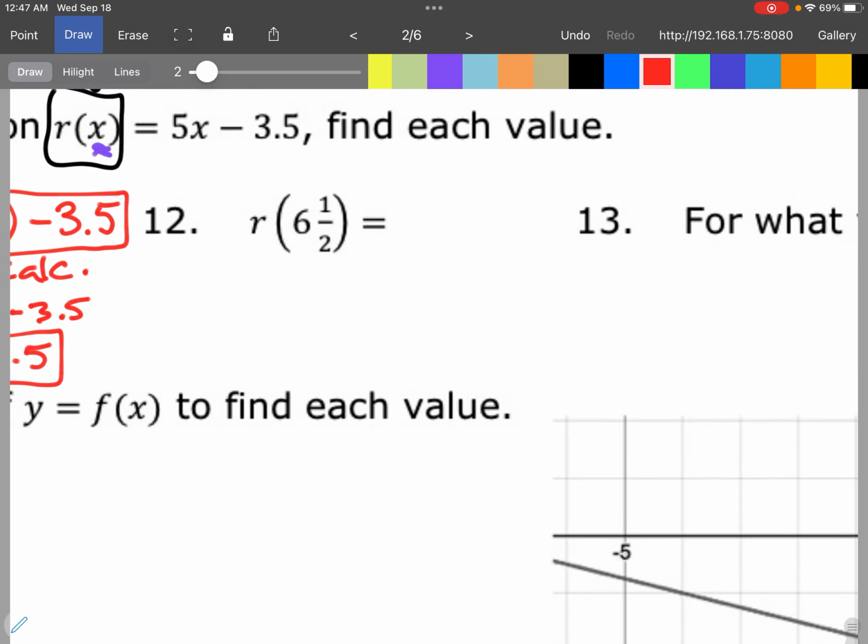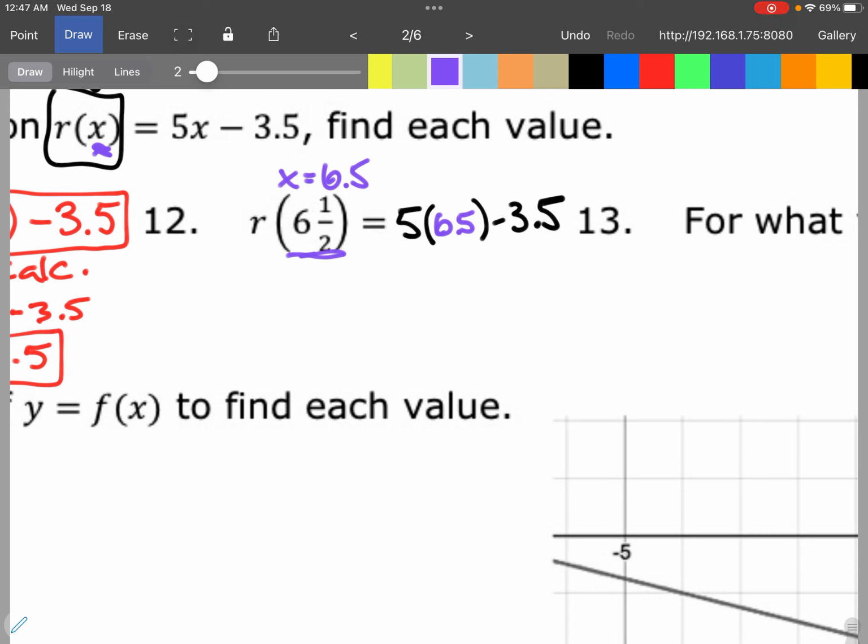Number 12 also is telling us that x is equal to 6.5, okay? So all I'm going to do is go into my calculator. I got my same function typed in. In Desmos, literally you would type this in one time, all right? And when you type this in, you're just going to get rid of the old number, which for the last one it was 3. And we're just going to plug in 6.5. And now, so I have my calculator here.